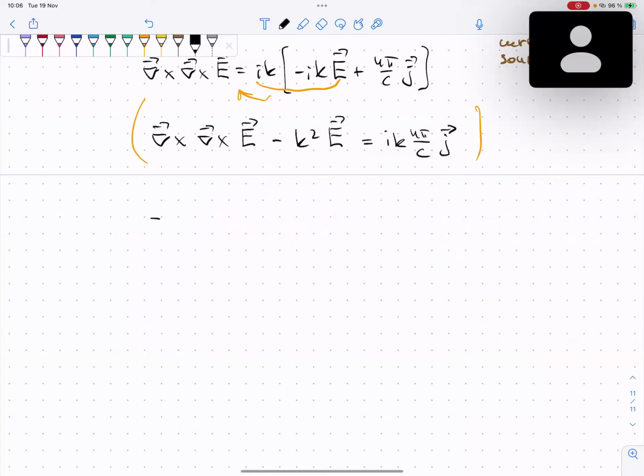So we see here that we can actually apply the same formalism as with the scalar equation. We can apply it here, but we see that the electric field is a vector. The current is also a vector.